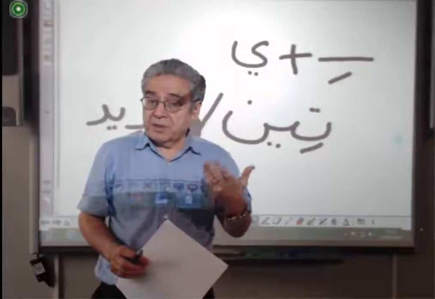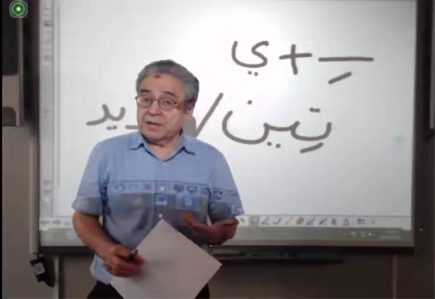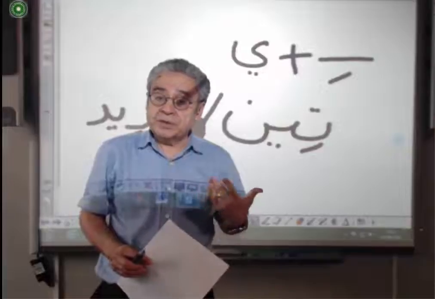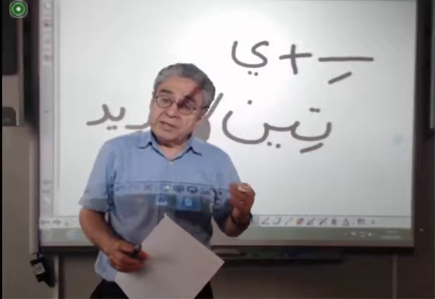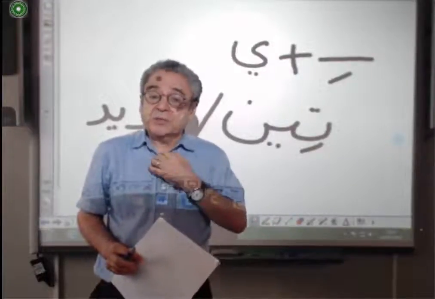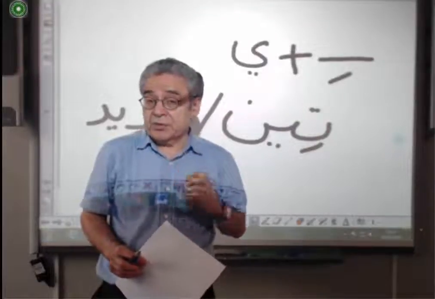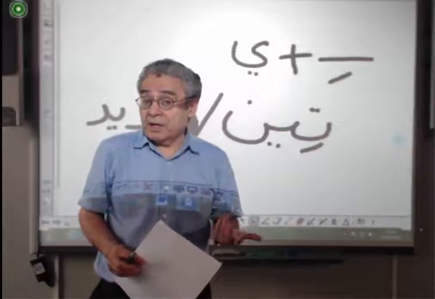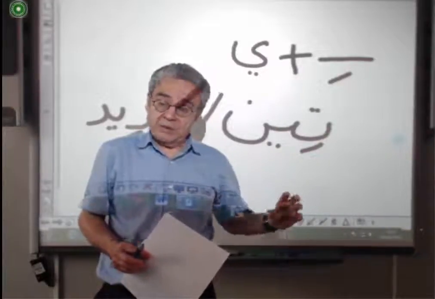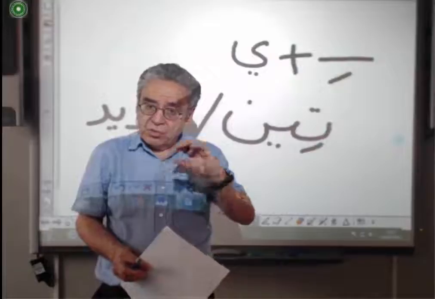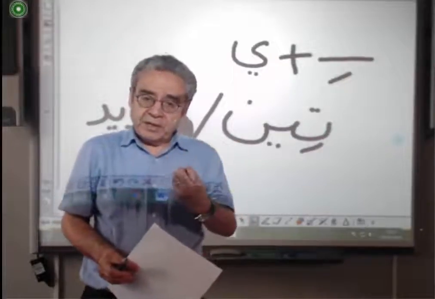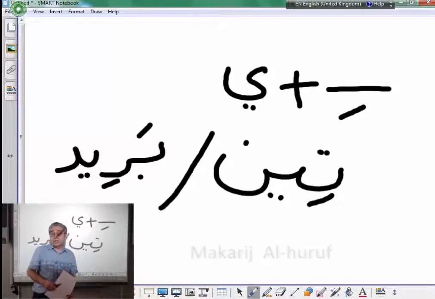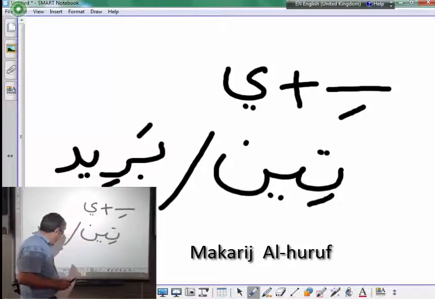Some letters you are familiar with, like T, maybe like R, maybe Ba, while there are some other letters which need to be pronounced differently because you are not familiar with them. So we are going to have a quick look at all these letters and where they are emitted from. That's what you call it in Arabic, makharij al-huruf.